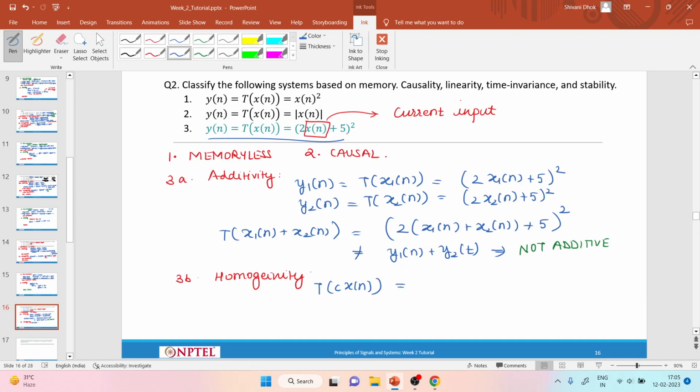So this will be equal to 2 times C of x of n plus 5 whole square, and again this is not equal to the scaled version of the output, that is C of y of n, which means that this is not homogeneous. And since it is neither homogeneous nor additive, this is not linear.